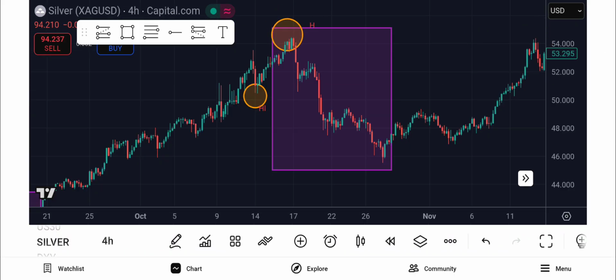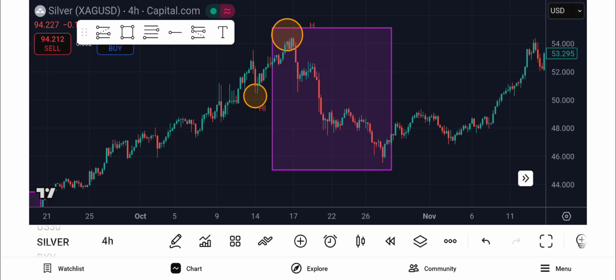This high needs to take out this higher low to form a lower high. Okay, so when this high was formed, did this right here take out this higher low? No, it looks like it's the same area. So we would ignore it and wait for this higher low to get broken. As you can see right here, this higher low did get broken.